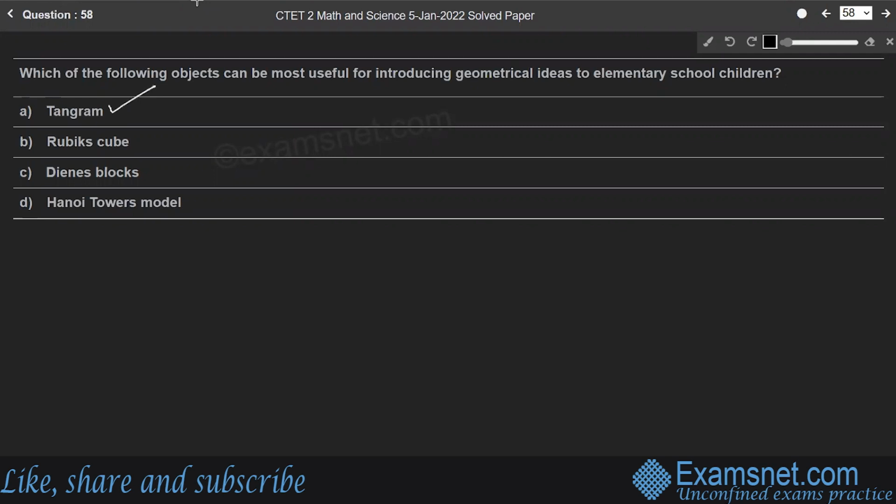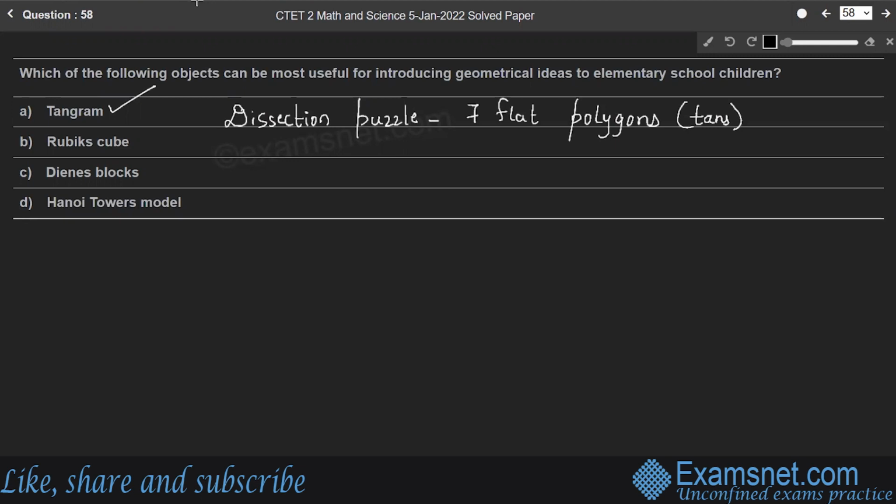The tangram is a dissection puzzle consisting of 7 flat polygons, called tans, which are put together to form shapes.